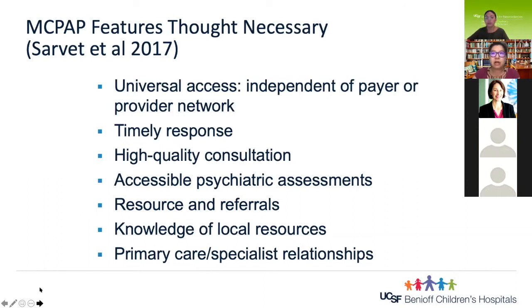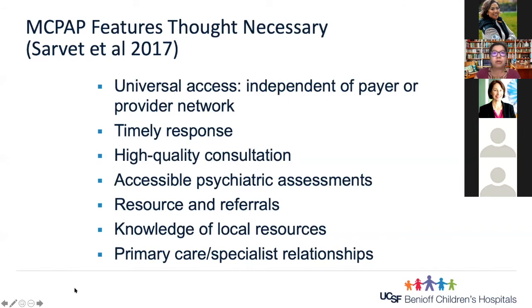So just to talk a little bit more about MCPAP, they now tap into some private insurer contribution. Over 80 insurance companies contribute, in addition to statewide funds. The cost per child for the MCPAP program is about $2 per child, and they have over 95% of pediatric practices in Massachusetts enrolled.